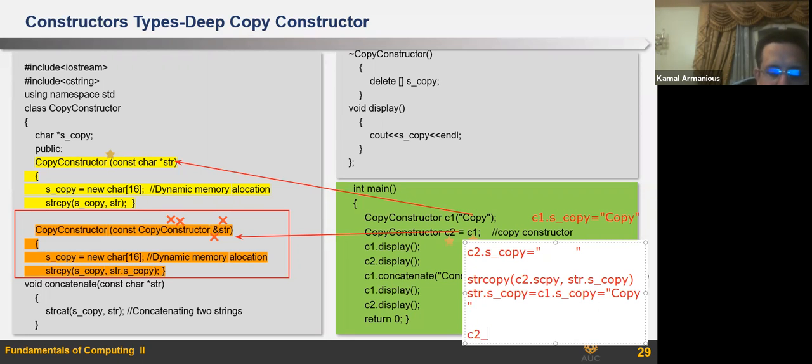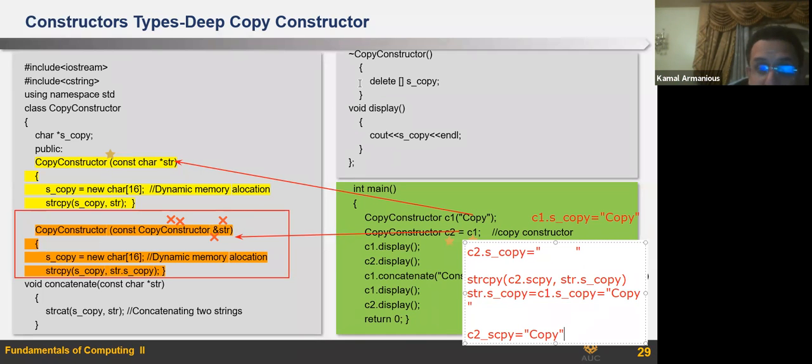Then C2 dot s copy will be equal to copy. str copy بتعمل ايه؟ بتحط the second value into the first value. The second value هي str.s copy. str.s copy ده الاوبجكت ده اللي انت you pass it to a function. تمام؟ This will be equal to C1.s underscore copy because you're passing an object to a function. خلاص؟ C2.s copy becomes copy.